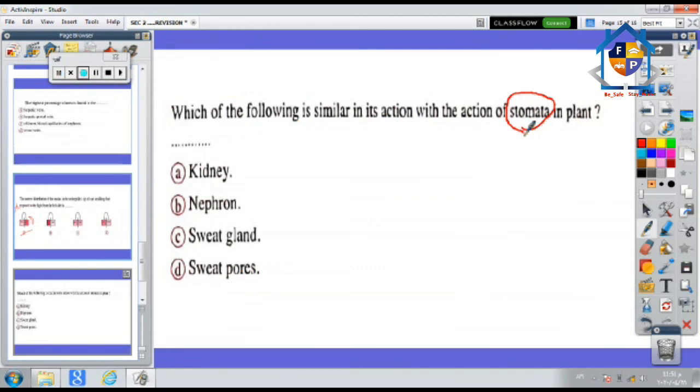These stomata are similar in their action to the sweat pores. Yes, stomata are like sweat pores, which get rid of sweat or excess water and salt present in the human body.